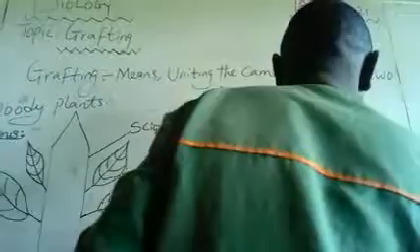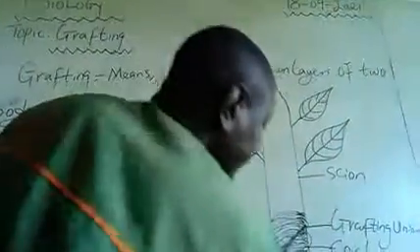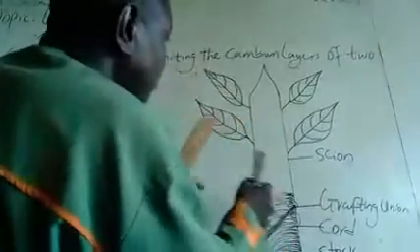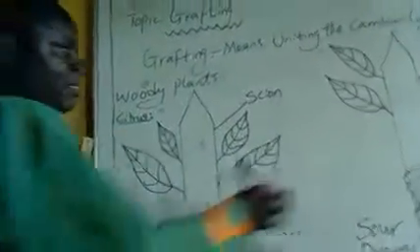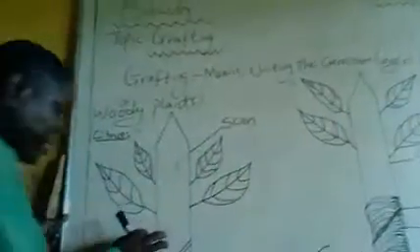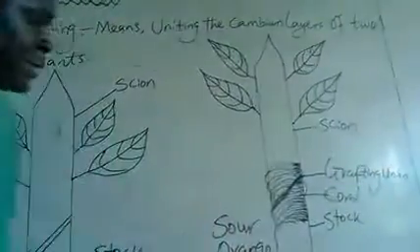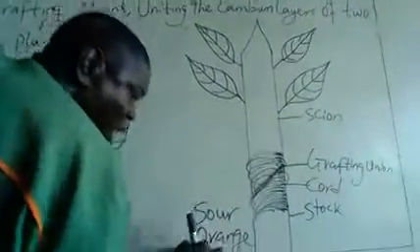After the attachment of the scion, look at the scion and the stalk. This scion you are seeing is from the sweet orange. The stalk you are seeing is the stalk of sour orange.